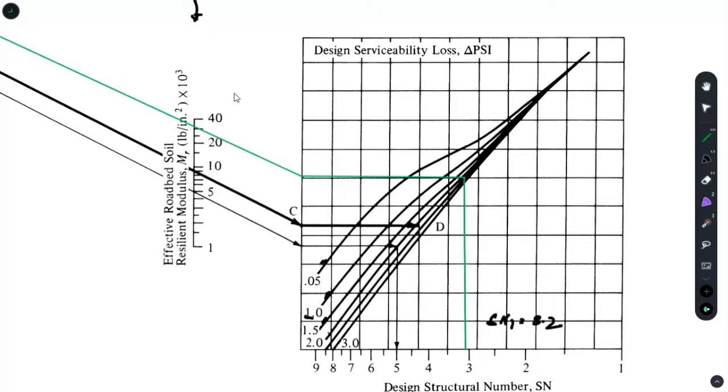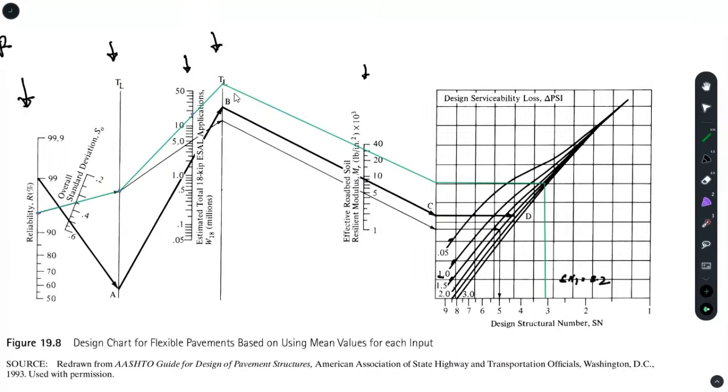Well, we need to find out SN2. For SN2, we'll consider E3 and everything will remain same as it was before. So we'll just connect this line with, and our value was 11,000 if I'm not wrong, and this is 5, this is 10, and 11,000 will be somewhere over here, maybe.